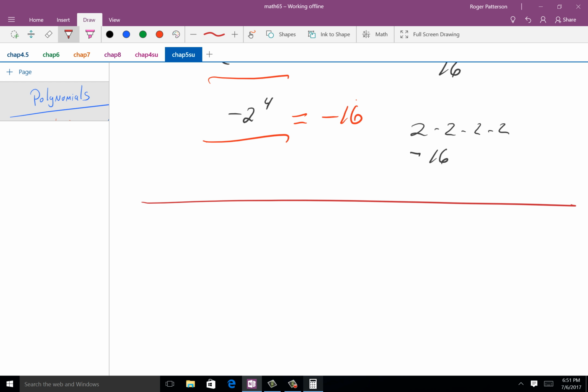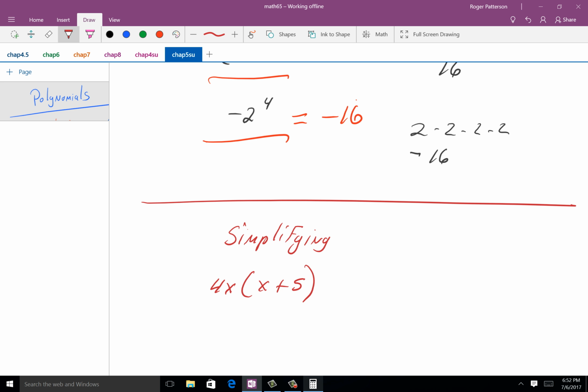Okay, so let's do some, again, I would just simply call this simplifying, because that's pretty much what it is. Okay, they call it find each product of the monomial and the polynomial. Find each product. That's what they're asking you to do. Okay, so let's start off with one that looks like this.